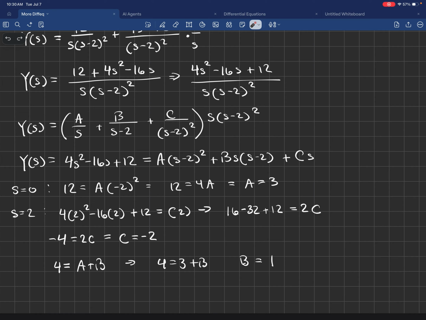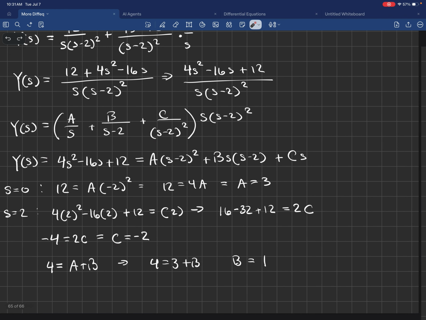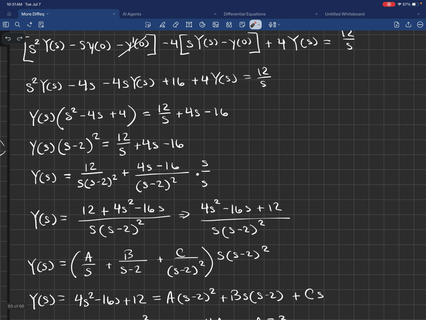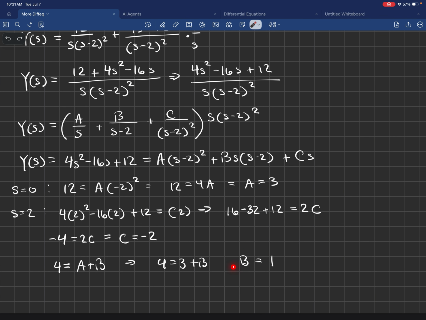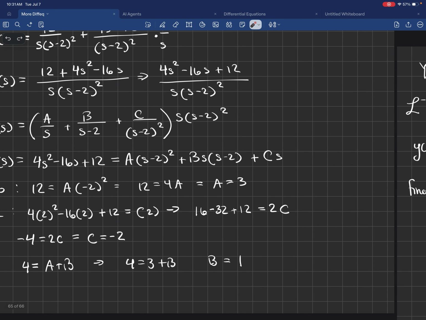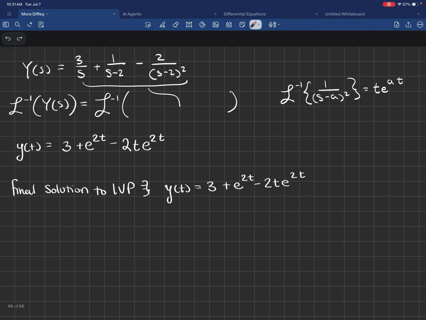Then we noticed that because the s squared term was on both sides, we can just compare the coefficients and solve it down. Then we took our a, b, and c, plugged them back into our equation, and needed to take the inverse Laplace.